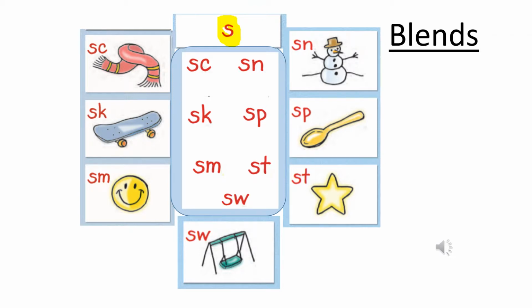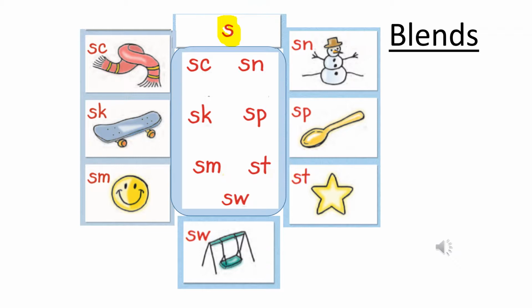Let's take a closer look at the blends that have an S in the first position, meaning it's the first letter of the word. So if you look at the SC, that's the sound that begins the word scarf, scarf. And then under that, you see a skateboard, skateboard. The S and the K are at the front of the skateboard word. Smile. And the happy face has a smile. And you can hear the S and the M. Smile.